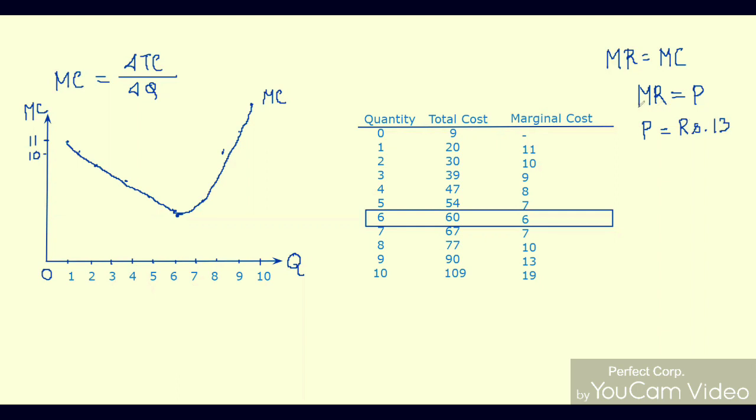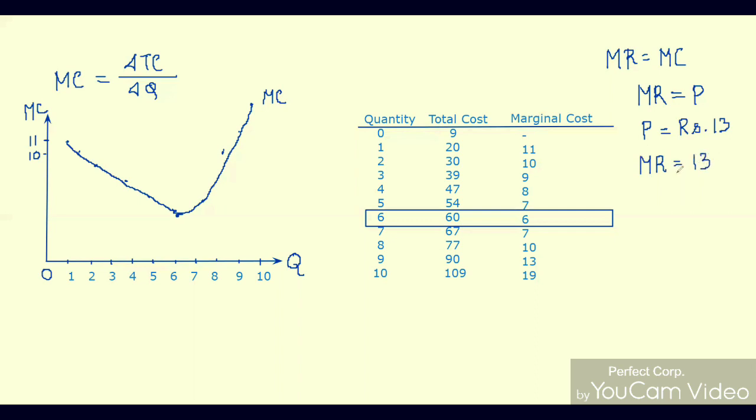So the marginal revenue in this example, or the unit price of the output, is 13.